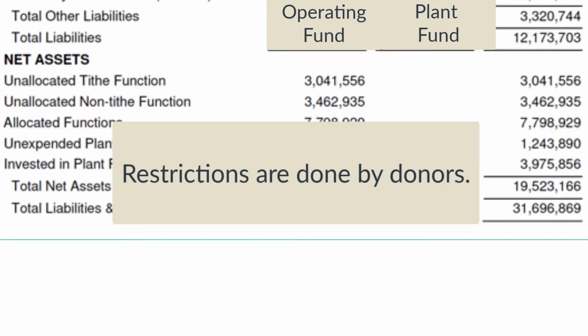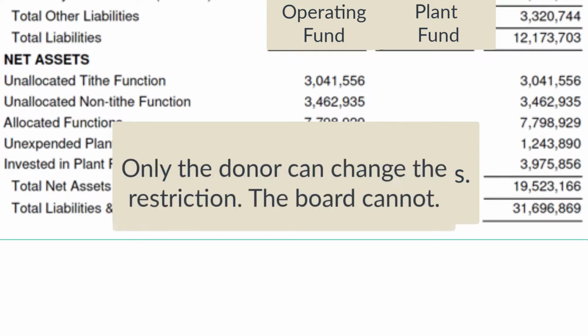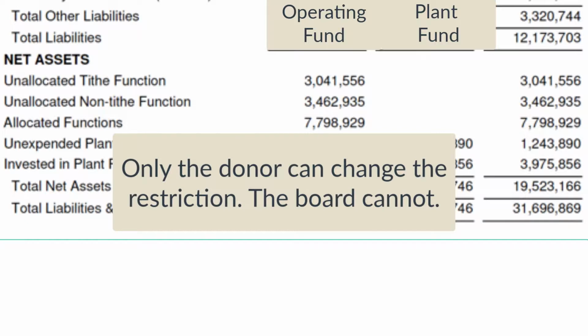It is put in a separate pot to make sure it gets spent for the right purpose. We use the word restriction to mean donor restricted. A main point here is that if donors have restricted the donation to a specific purpose, it's not available for other purposes. Also, only donors can change their restriction.